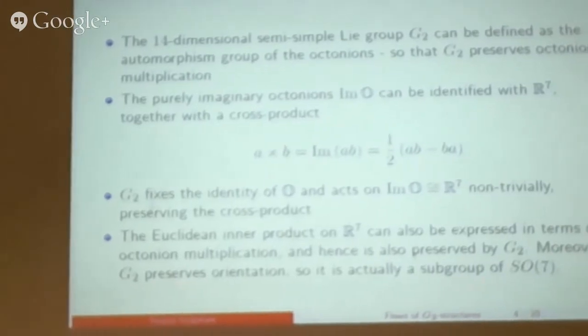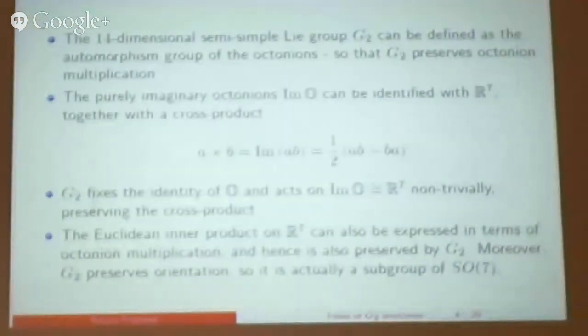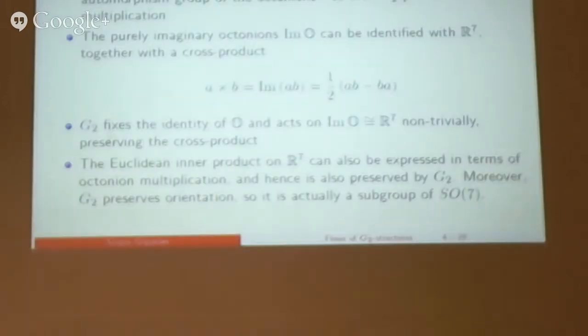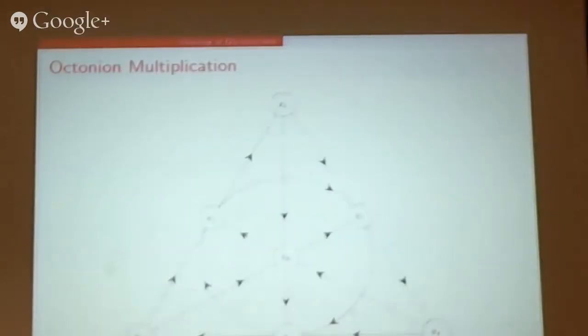In fact, G2 is actually a subgroup of SO(7), so it's the group of rotations in 7 dimensions. So in 7 dimensions, the rotations split into G2 and some other piece. That's already going more into the group theory aspects of this.